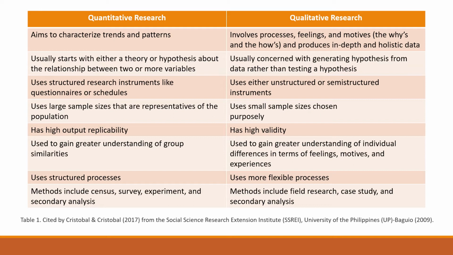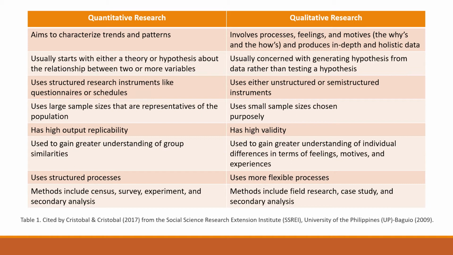While on the next part, which is the qualitative research, it involves processes, feelings, and motives, and produces in-depth and holistic data. It's usually concerned with generating hypotheses from data rather than testing a hypothesis. It uses either unstructured or semi-structured instruments.